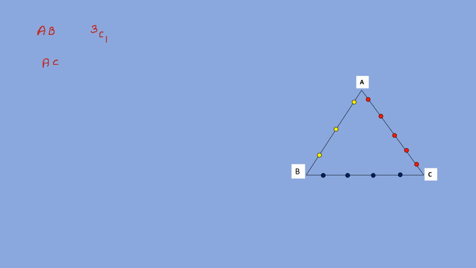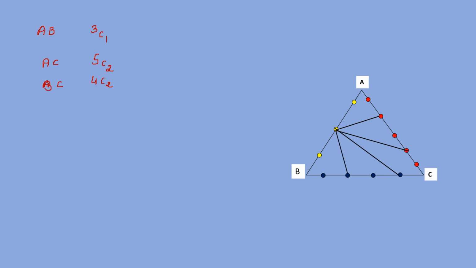2 points on AC. AC has 5 dots, so what are the choices to choose 2 points at a time? 5C2. And similarly you can choose 2 points on the side BC, then you have 4C2 choices, and you can join these points as shown in the figure. So choose one point from AB and 2 points from AC, you can construct a triangle, and similarly if you choose a point from AB and 2 points on BC, then you can construct a triangle in this way.